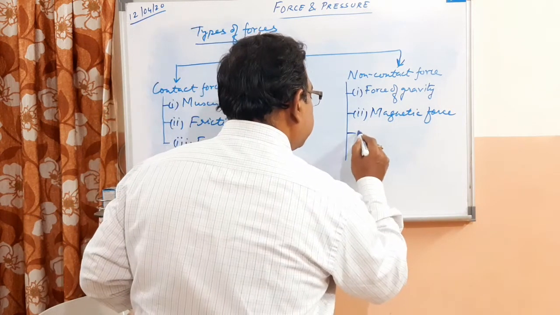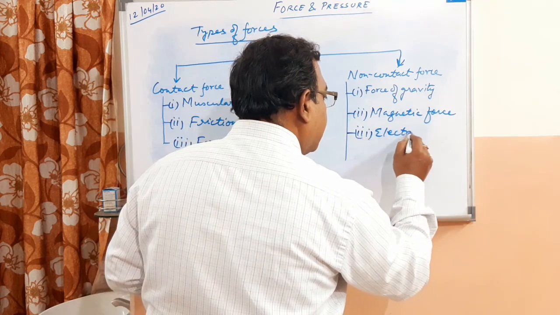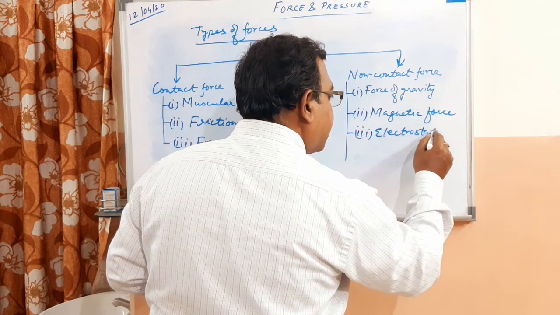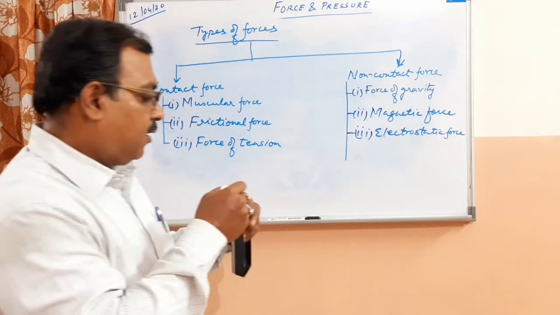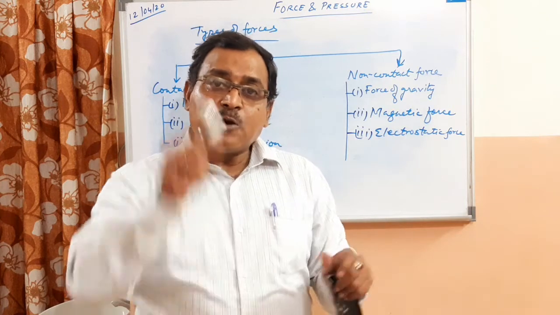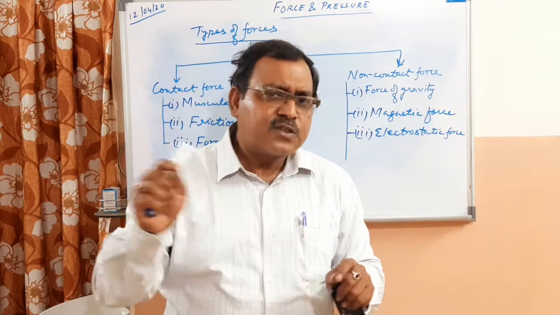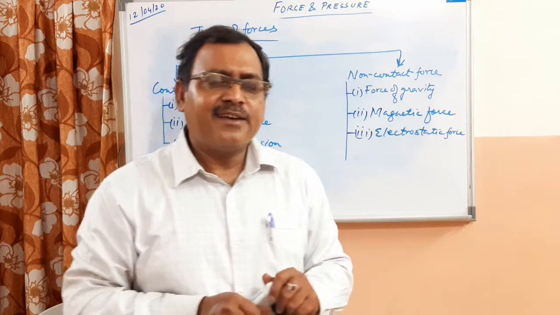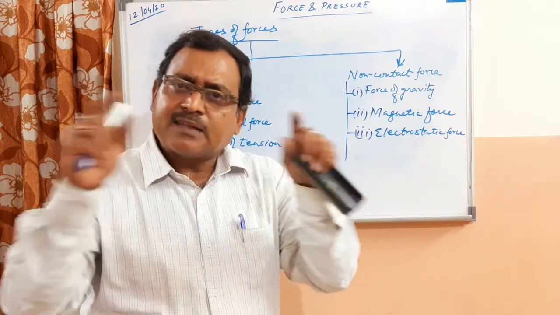Number 3, electrostatic force. Electrostatic force is which one? Now when you were small boys and girls in school, you must have played with bits of paper and a plastic ruler.